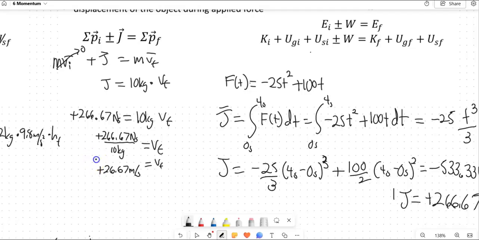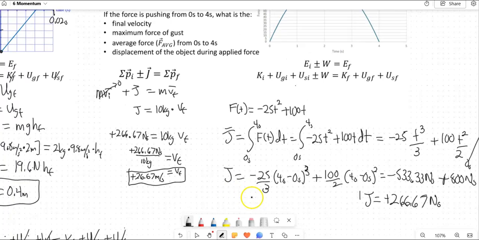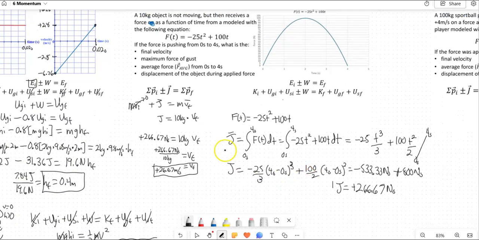Positive. Right there. So that's the final velocity after the gust.